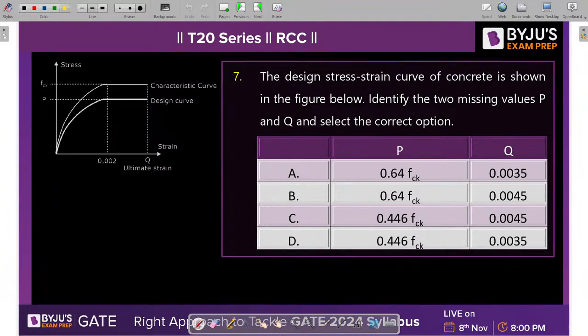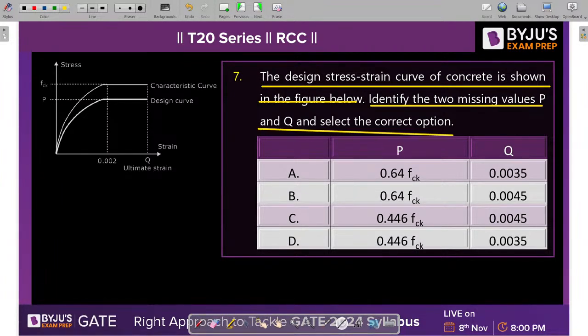The design stress strain curve of concrete is shown in the figure below. Identify the two missing values P and Q and select the correct option. You need to tell me what this value P is and what this value Q is.